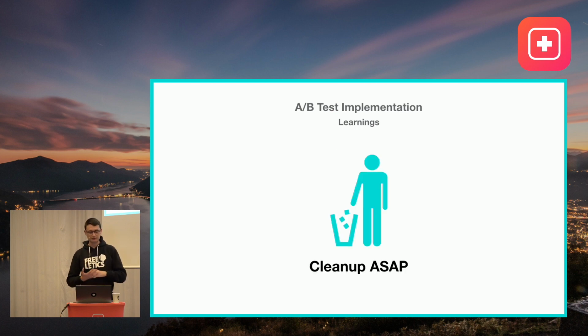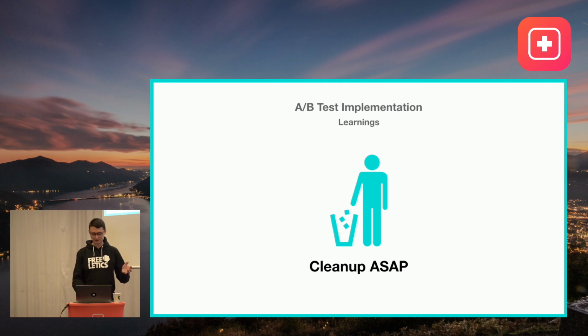And the next learning is about cleaning up as soon as possible. It's super simple, yes, and I know that some companies still don't have reliable processes for cleaning up code after an A/B test is finished.